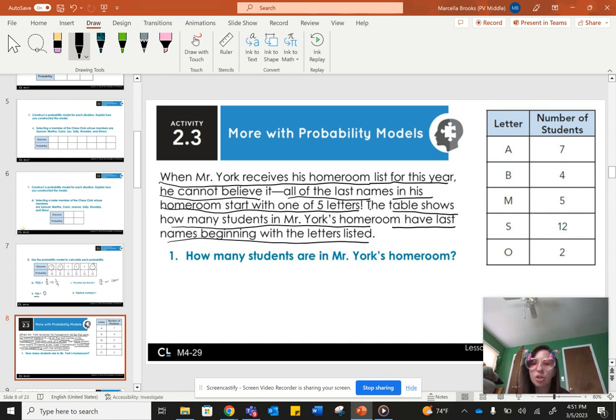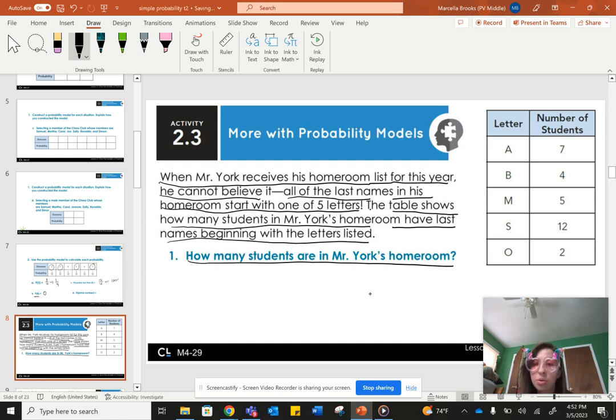Okay, so Mr. York has created a list of students based on their last names. So 7 of the students have a last name that begins with A. 4 have a last name that begins with B. 5 begin with M. 12 begin with S. And 2 begin with O. So this question is asking, how many students are in Mr. York's homeroom?